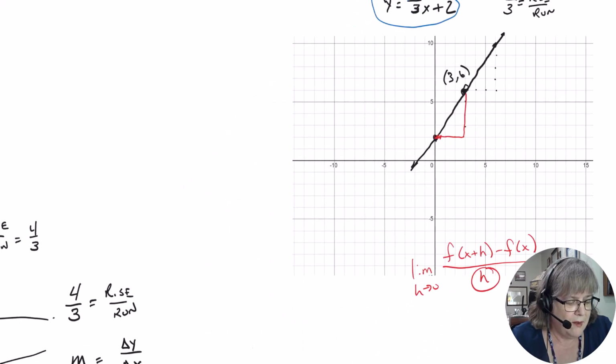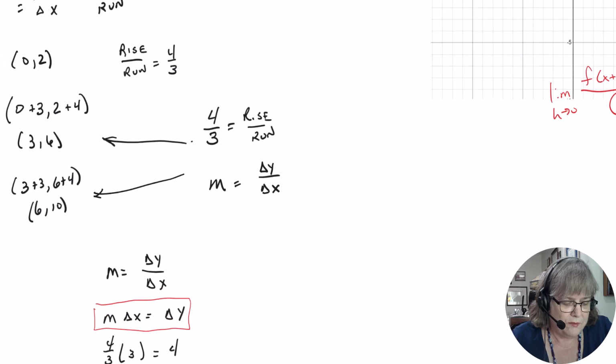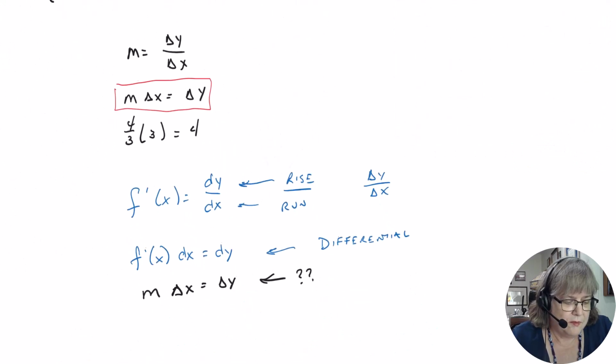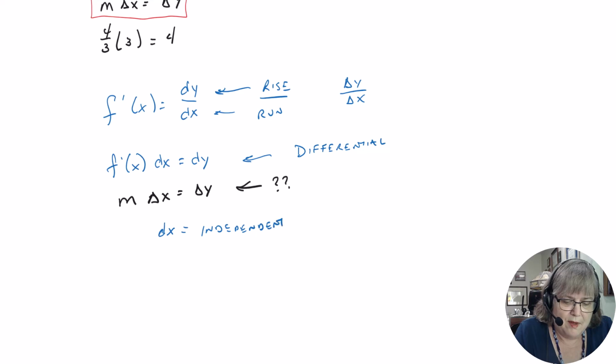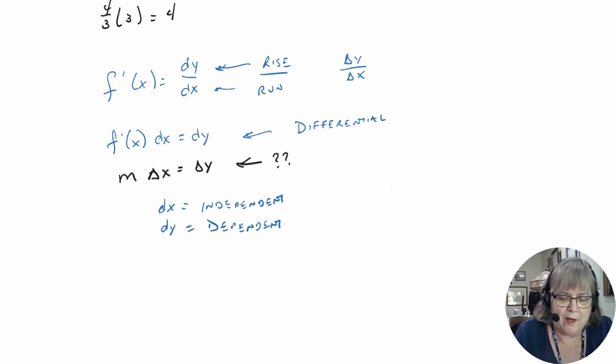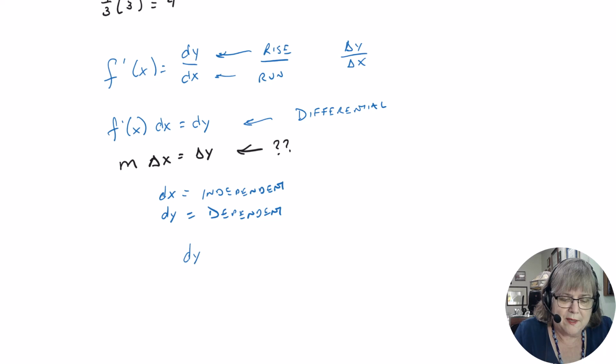Then what happens down here is that dx is independent and dy is dependent. So to get it into the general shape we're used to with y equals, it would more often be seen as dy is f prime of x dx.